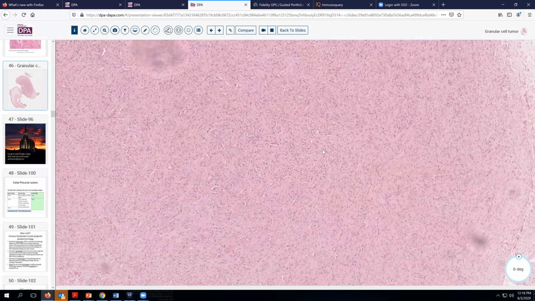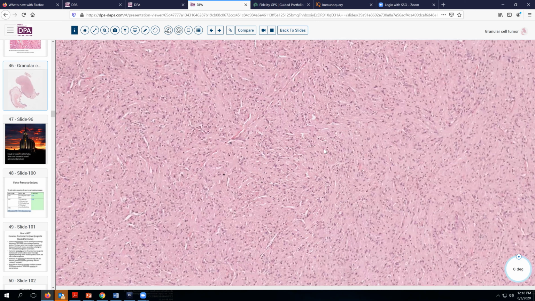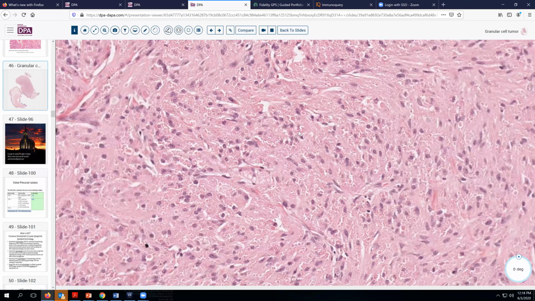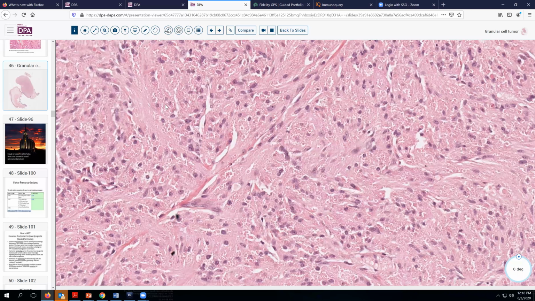With pink neoplasms, you usually think not very cellular, usually mesenchymal, smooth muscle, or some other sort of thing. But this is a nice example of a granular cell tumor. You can have very round nuclei, very small, not particularly atypical, and very granular cytoplasm with the characteristic staining features of this lesion.